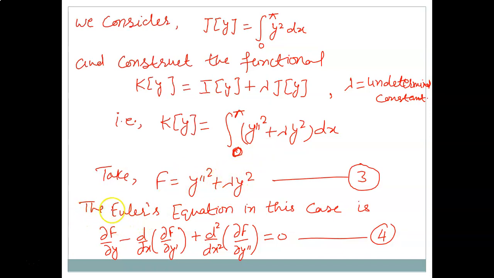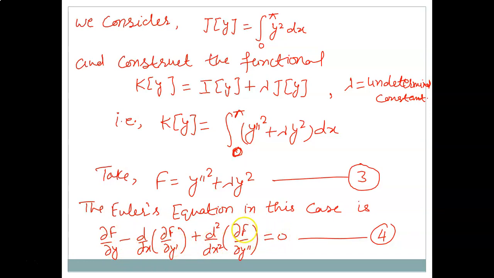Because there is involvement in this f of second order derivatives, the Euler equation in this case, as we have already discussed in the earlier generalizations, will be partial f over partial y minus d by dx of this thing plus d square by dx square of this thing.